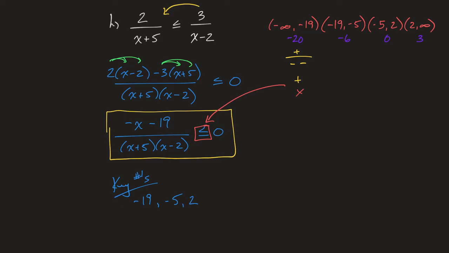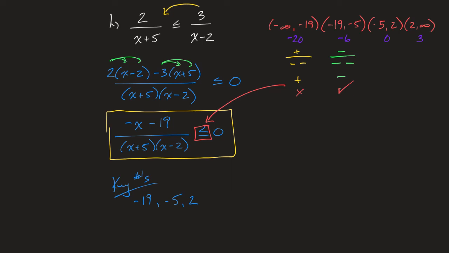And I'm just going to alternate colors so we don't get lost in our interval check. If I sub in a negative 6 for my x, my top becomes negative. My bottom becomes a negative times a negative. Well, that's going to give me a negative over a positive, which is a negative. And I look back at my interval. That is what I was looking for. Okay, sub in my negative 5 to 2, so I'm subbing in a value of 0.